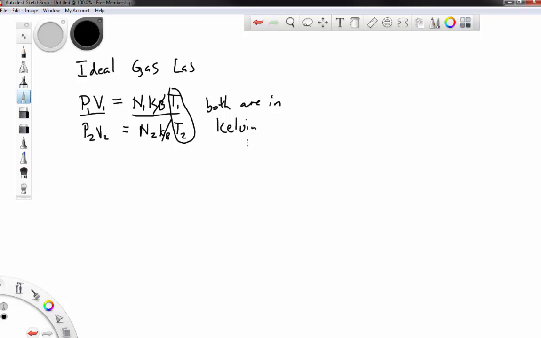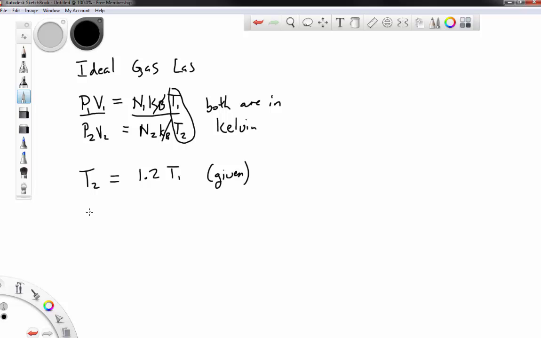I'm highlighting that because sometimes you might get a problem in which the initial and final temperature is specified in Celsius, or the initial is given in Celsius and it wants to know the final. You've got to convert to Kelvin first in order for all this to work. Well, we've just been given that the final temperature is 1.2 times the initial temperature.